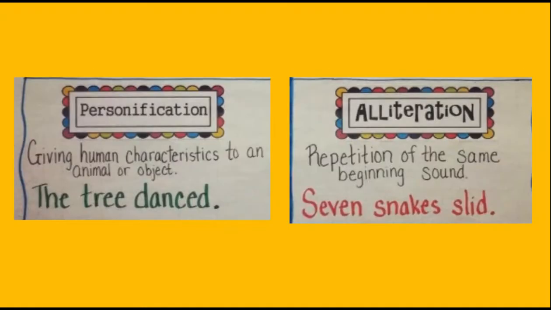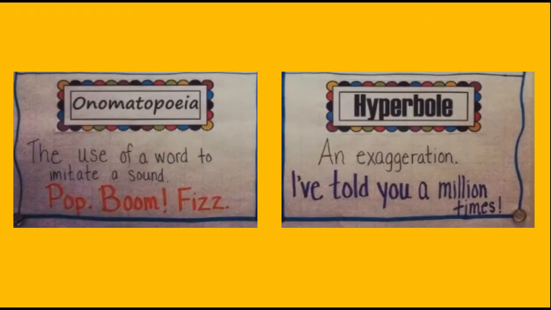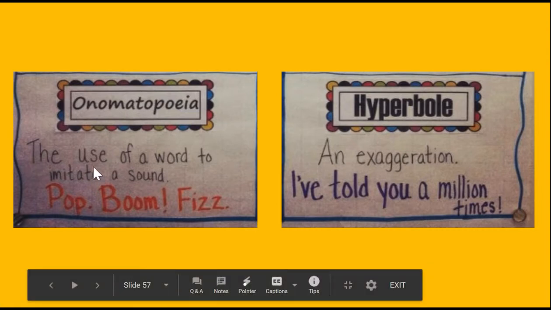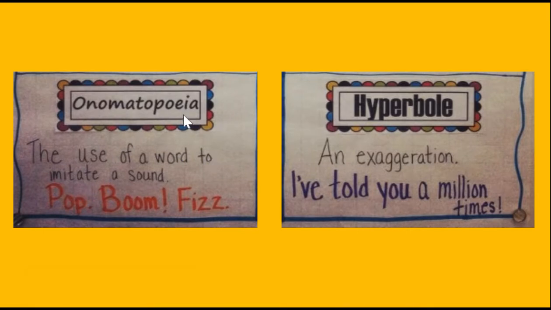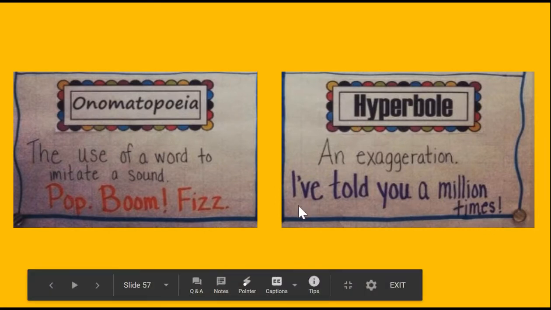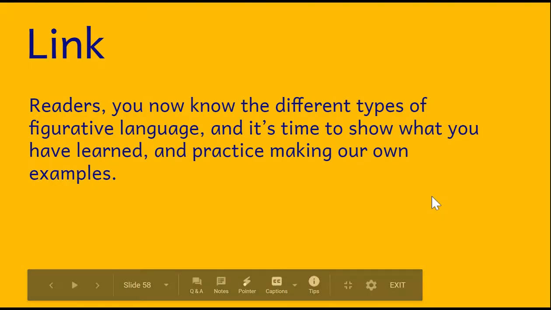That's kind of hard to explain, but onomatopoeia is a sound. It says here, the use of a word to imitate a sound, for example, pop, boom, fizz. Hyperbole is an exaggeration, really extreme. I've told you a million times, that's a hyperbole.